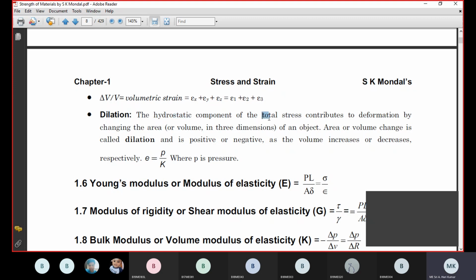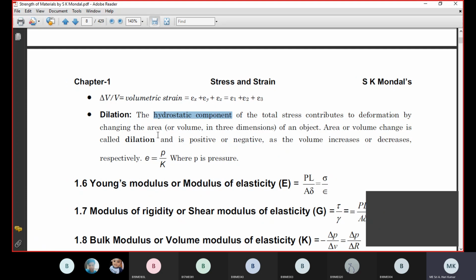So for a total stress, there is a component called the hydrostatic component, which causes deformation by changing the area or volume in 3 dimensions. So what is the hydrostatic component? For example, take a body subjected to stress in all 3 directions, x, y, and z, and the intensity is the same along each, only direct stress.